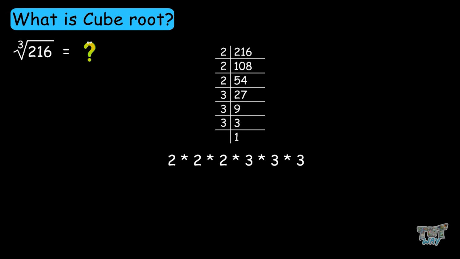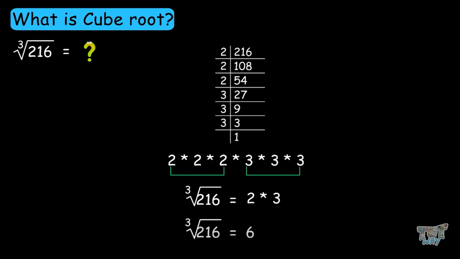For finding the cube root, we need to have each factor that occurs 3 times in the prime factorization. 2 occurs 3 times. 3 also occurs 3 times. And we have to take those factors that occur 3 times. So the cube root of 216 is 2 times 3, that is 6.